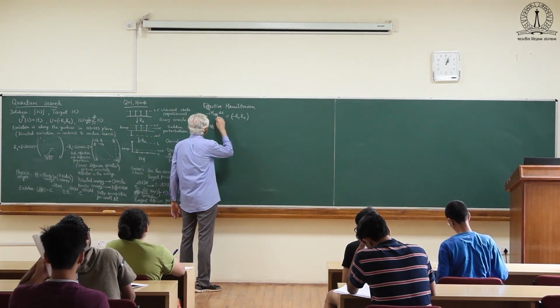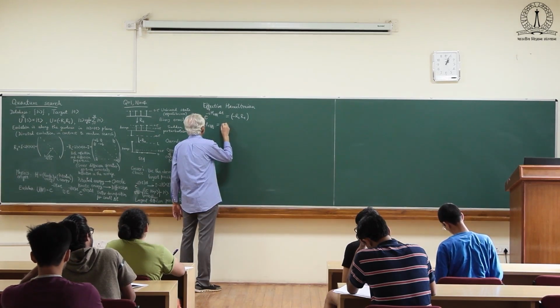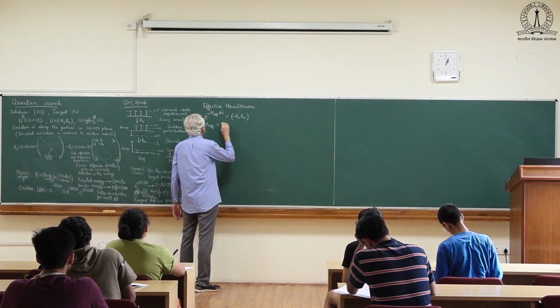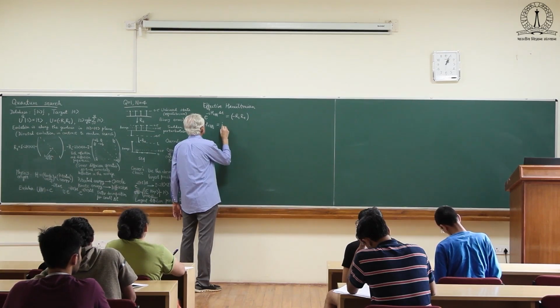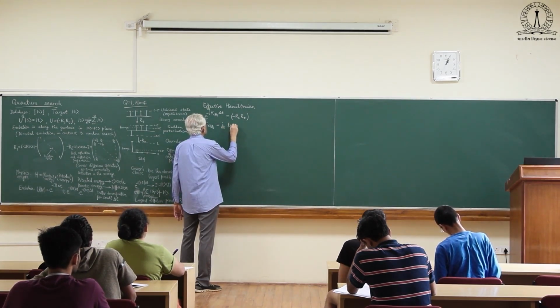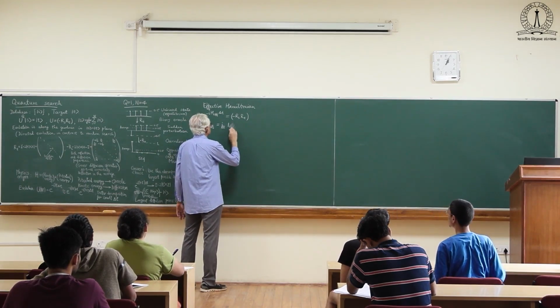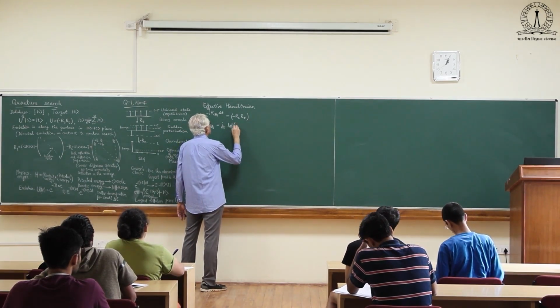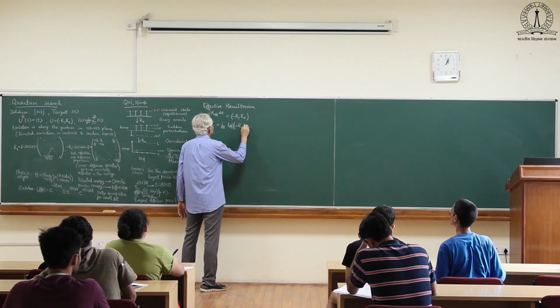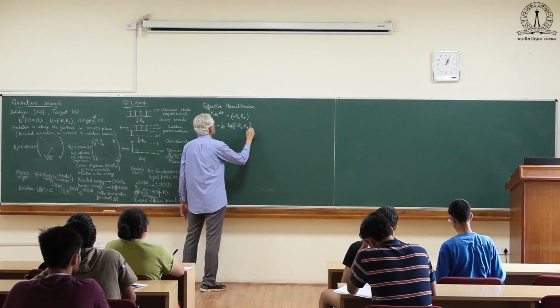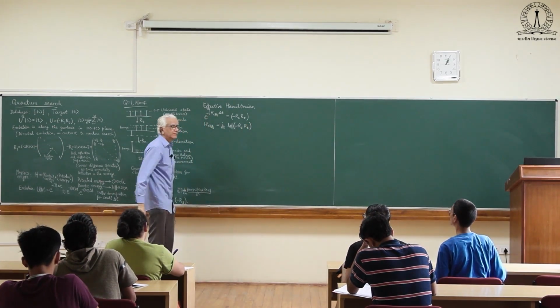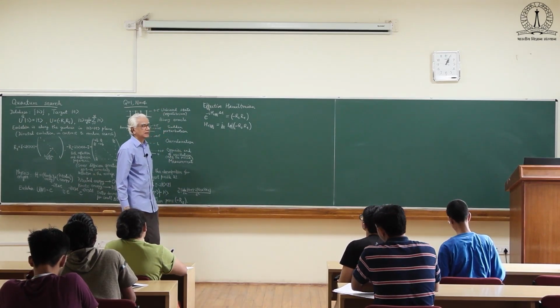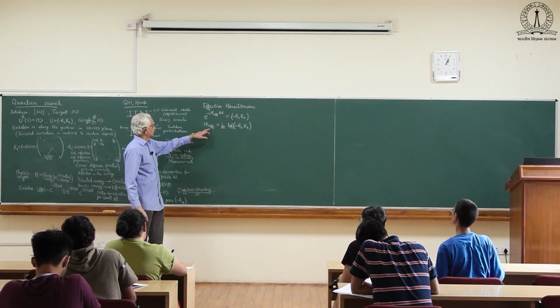So it is I by delta t log, ln is actually the correct expression, but that is the result.